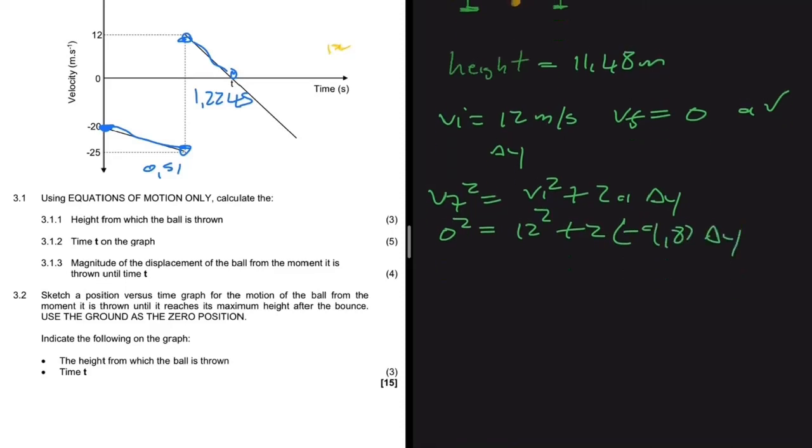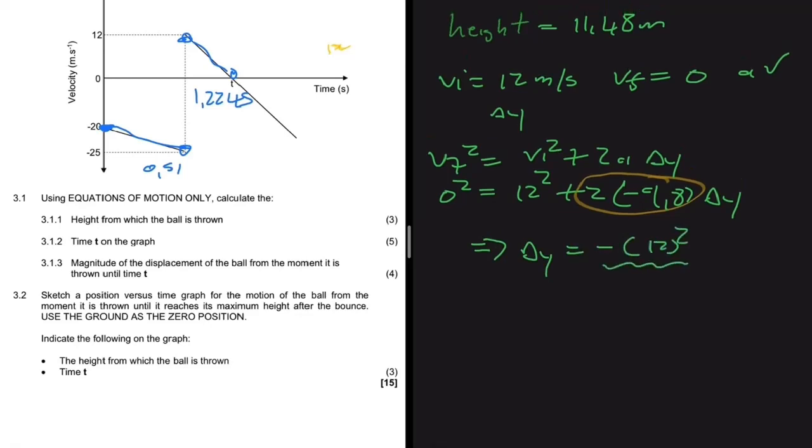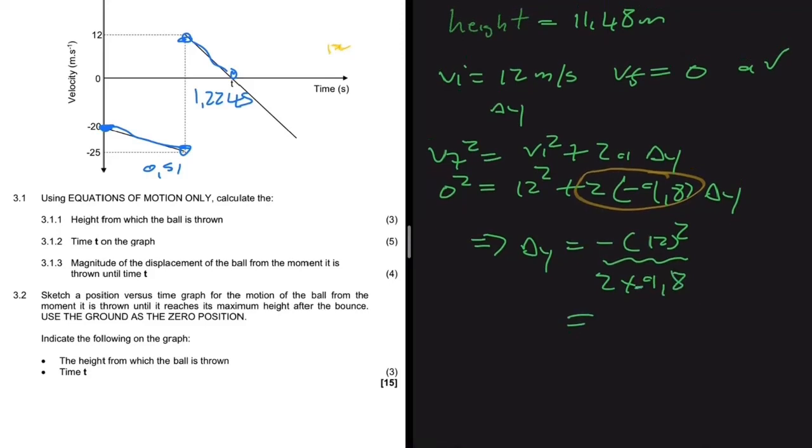We're going to take 12 squared to the left hand side and divide both sides by this coefficient here. If we do that, we're going to get delta y being equal to minus 12 squared divided by 2 multiplied by minus 9.8. This here is supposed to be a minus.